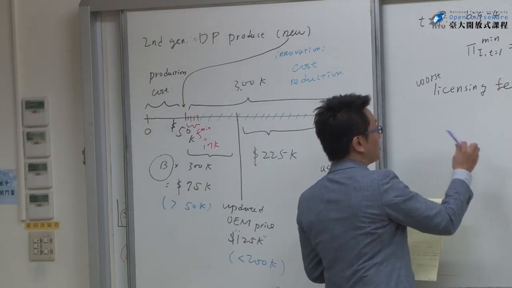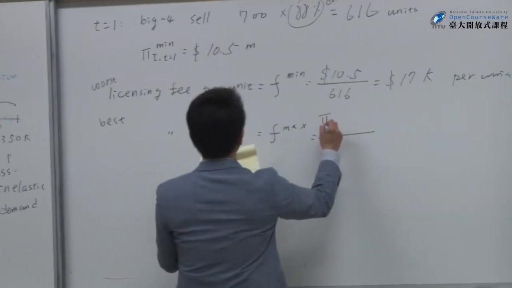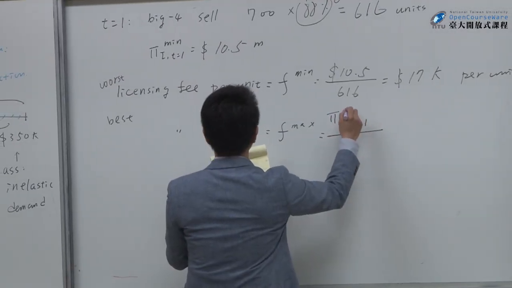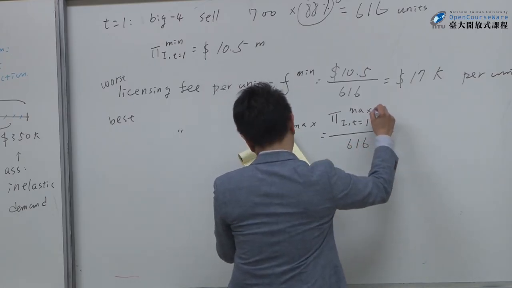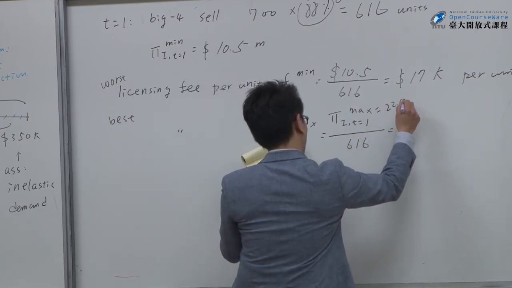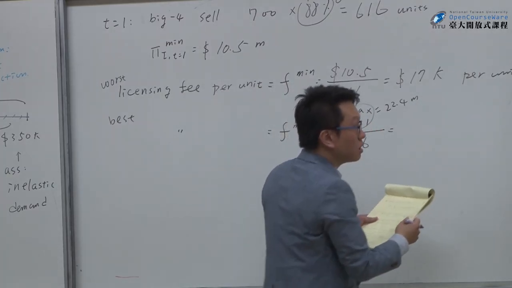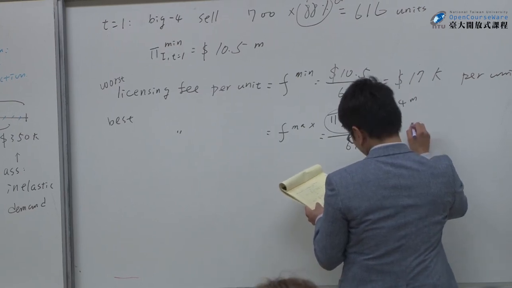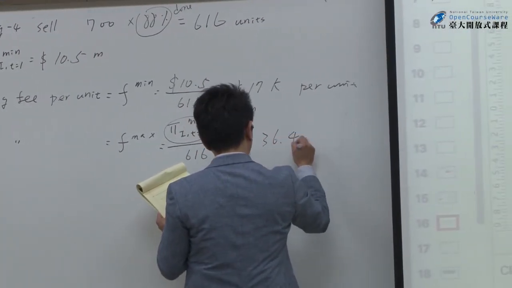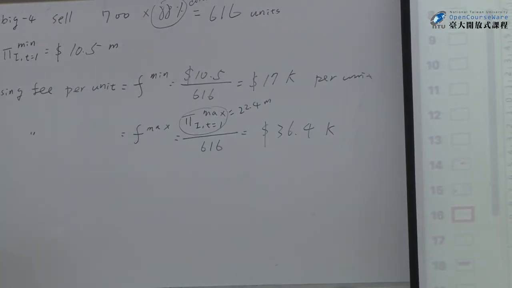Let's work on the best case. For the best case, we put pi maxima for period 1 divided by 616, and this one is 20.4 million on the slides from the linear program output. So I will get 36.4K as the best case of licensing fee charged to OEM.